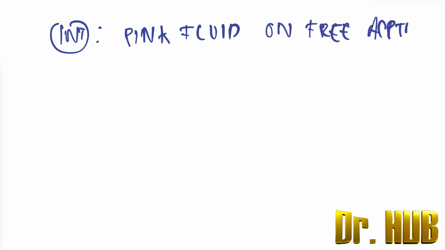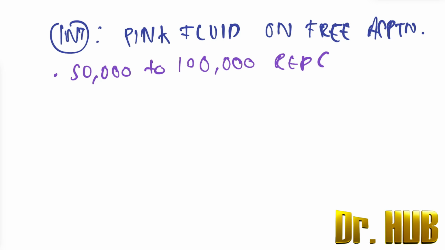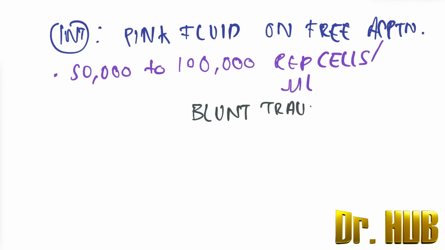Pink is very important. So on free aspiration, there is a pink fluid, and there are 50,000 to 1 lakh red cells per microliter, and this is in terms of blunt trauma.